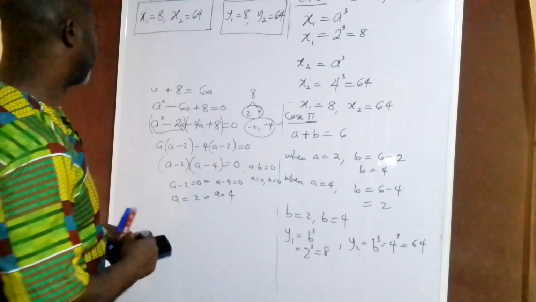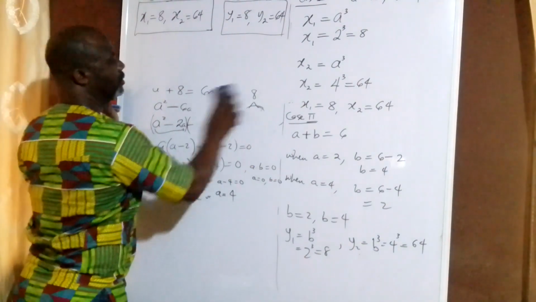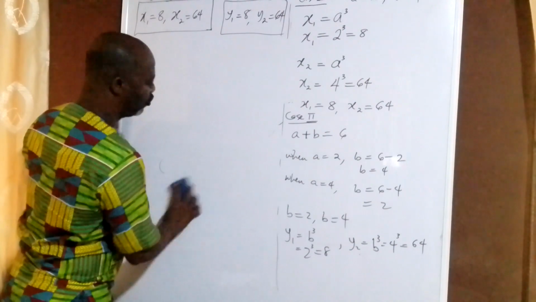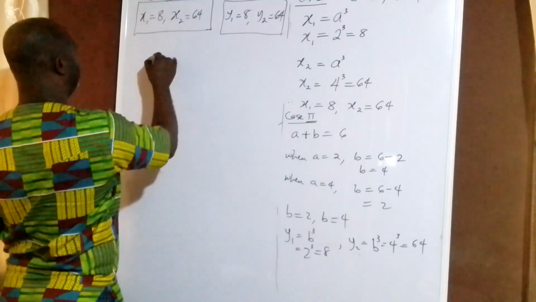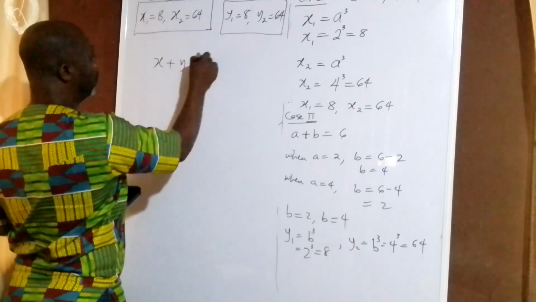So we can check this out by looking at the equation. We have x plus y equal to 72.